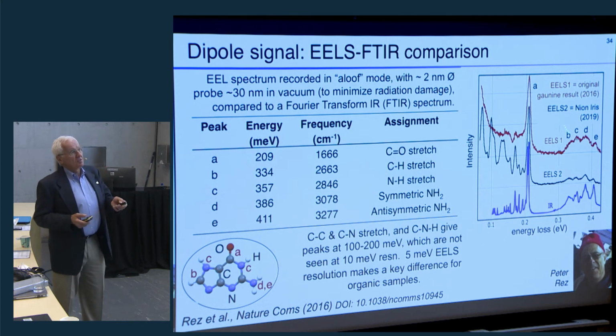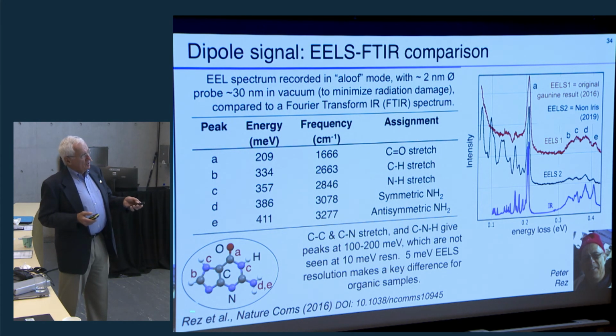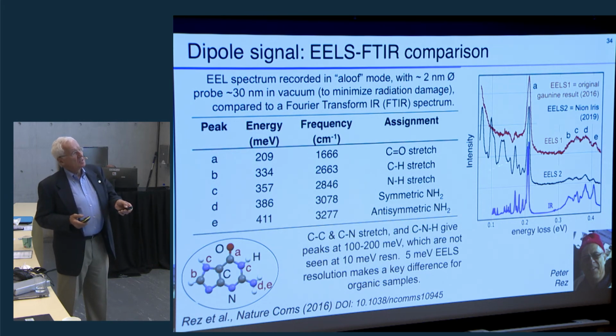When we started the first paper, 2016, not such great energy resolution, about 9 millivolts. So we could see the peaks due to the hydrogen oscillation. So if you look around the molecule, all the white atoms are hydrogen, and the different peaks can be ascribed. The B, C, D, and E peaks in here come from these atoms vibrating.